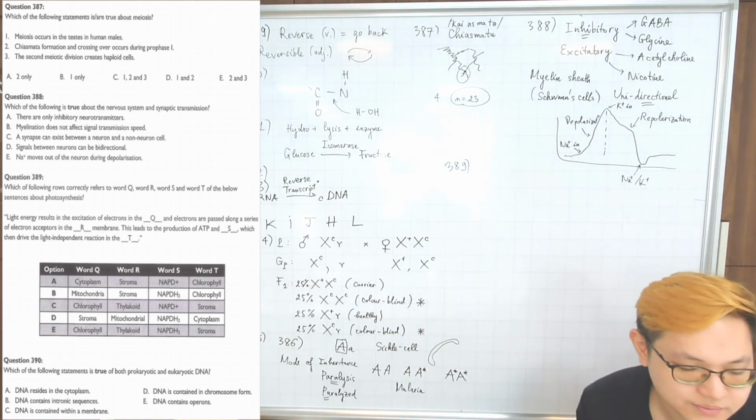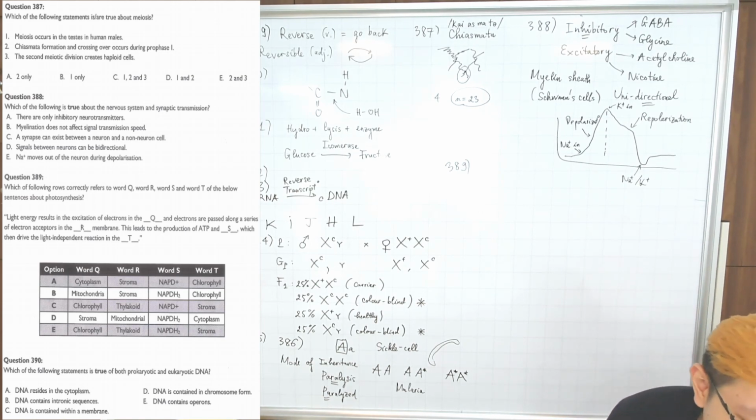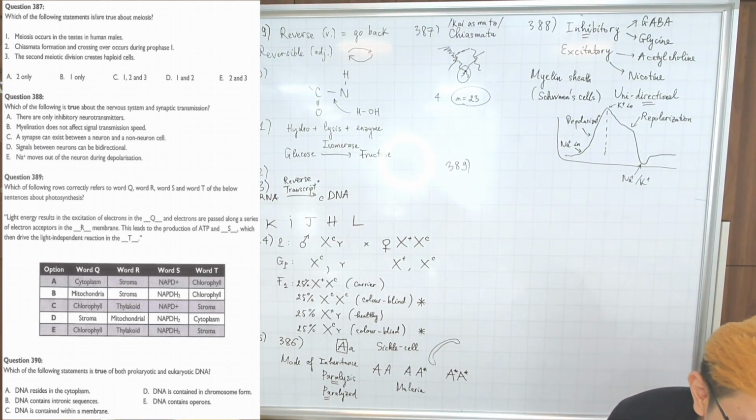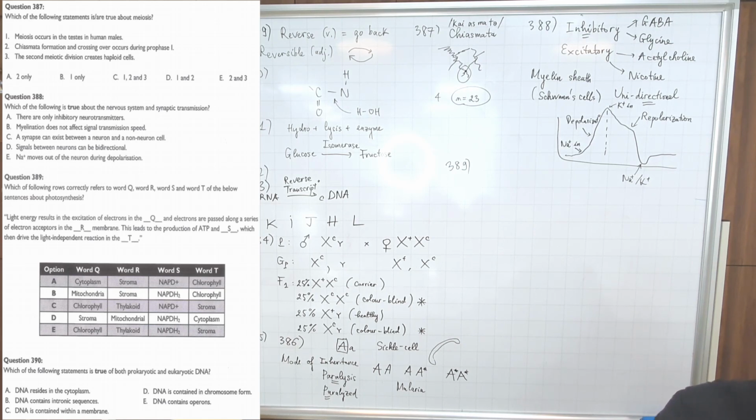Which of the following rows correctly refers to word Q, word R, word S, and word T in the below sentences about photosynthesis? Light energy results in the excitation of electrons in the something.